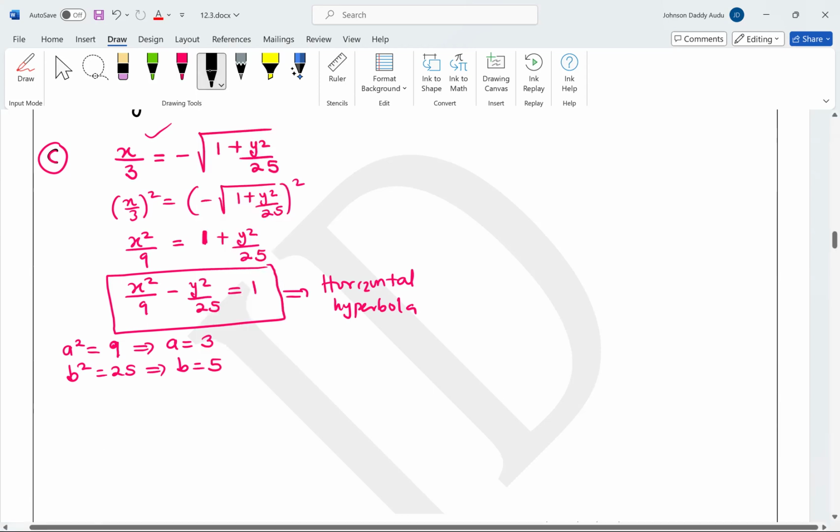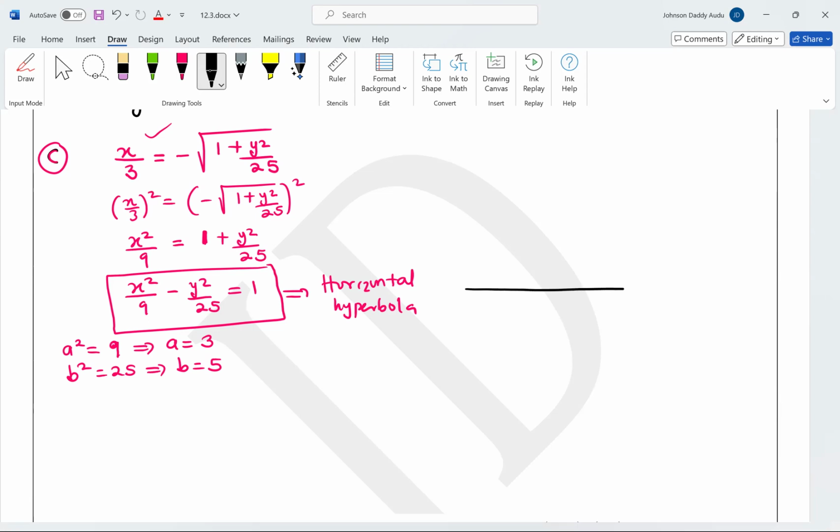So let's do this one here. This is just going to be like this. So this is a horizontal hyperbola. It means that our transverse axis is going to be the x-axis. So our vertex will have to be on the x-axis. And what is the vertex?